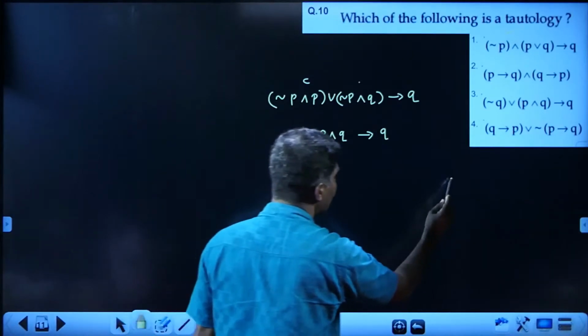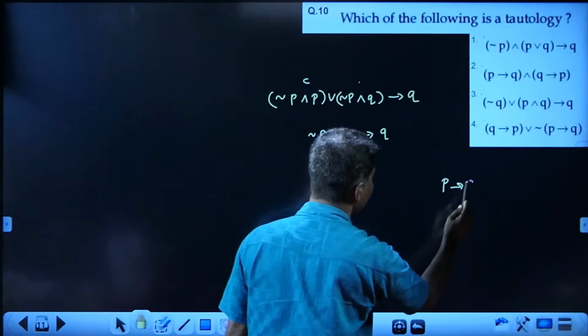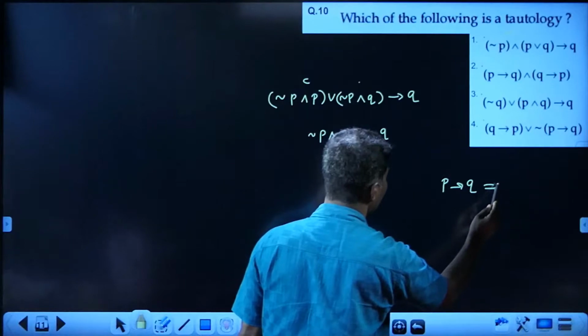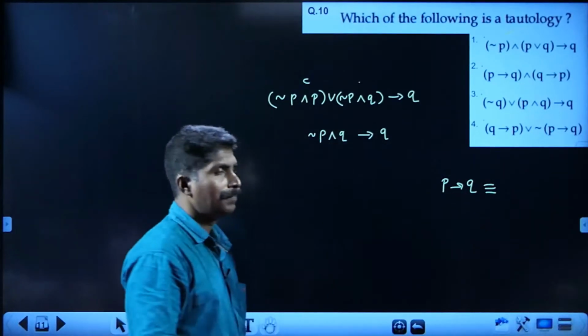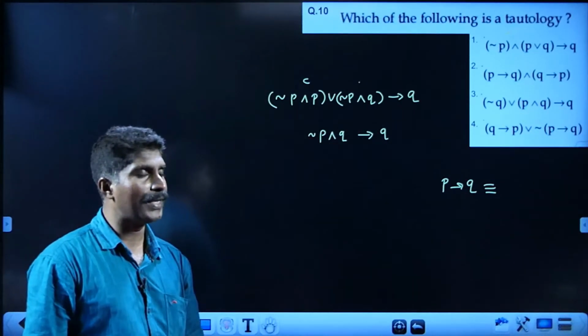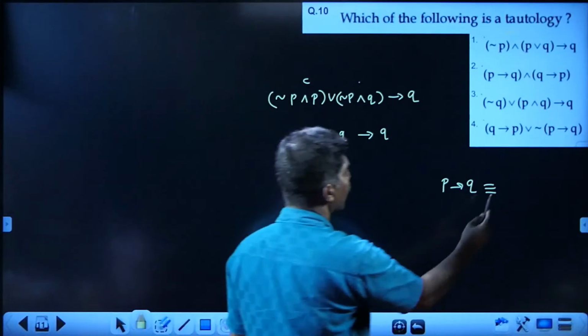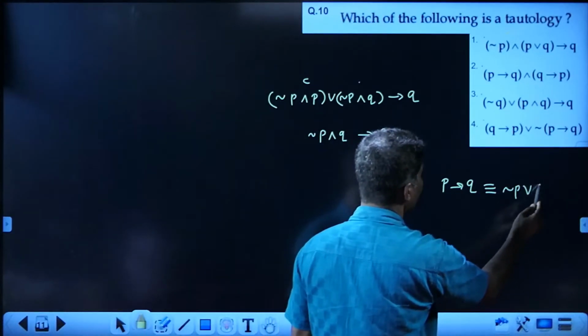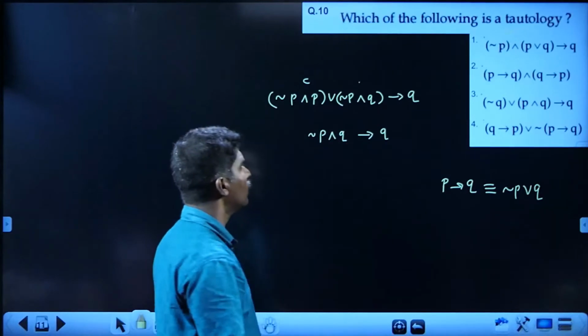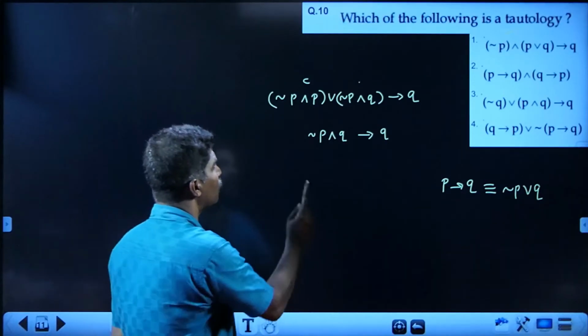And again you have to remember that the statement P implies Q is equivalent to negation P or Q. So this is again equivalent to what?